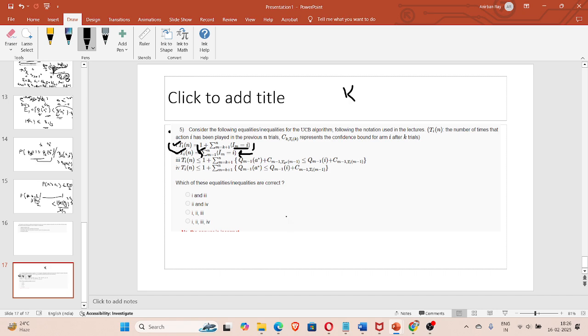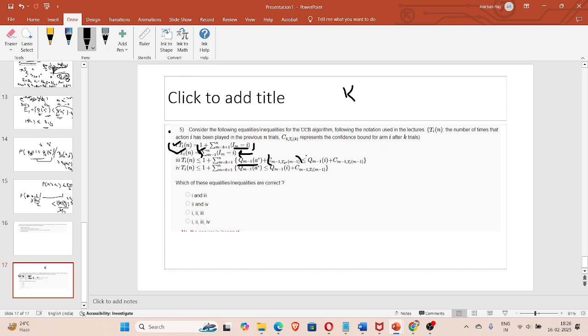Next, what we have is, in the UCB algorithm, this is our estimation and this is our confidence interval, which we have added.